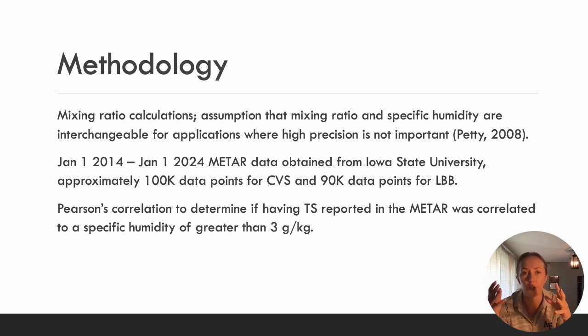Mixing ratio is the mass of water vapor over the mass of dry air, which is really closely related to specific humidity, which is the mass of water vapor per unit mass of the moist air itself, right? So it has that moisture in the denominator as well.